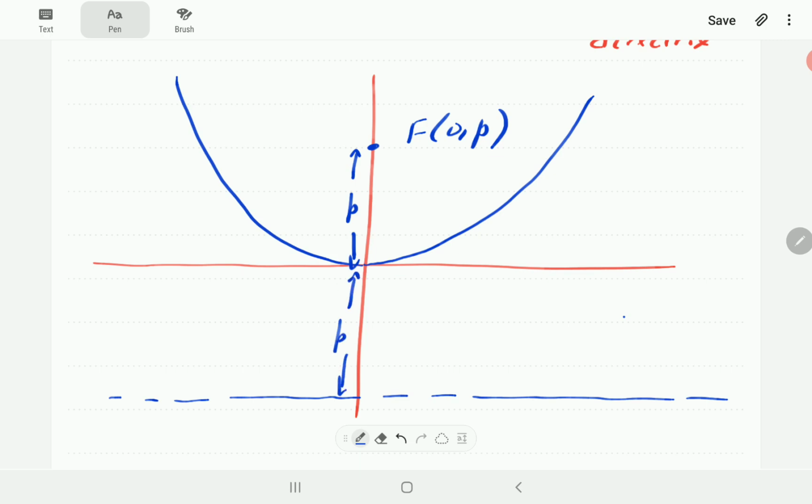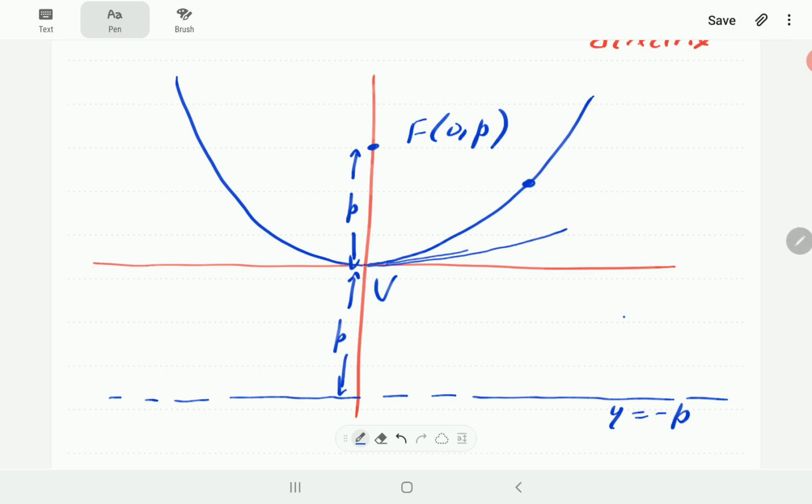So the equation of this line is y equals negative p, and of course the coordinates of the focus will be (0, p).